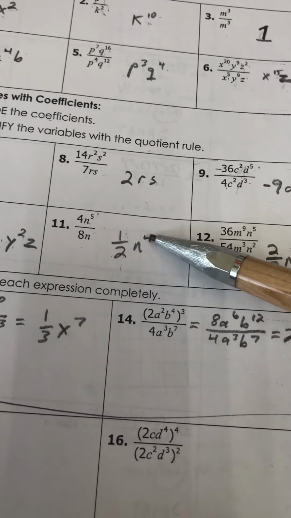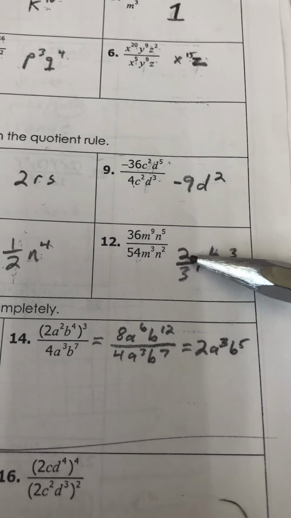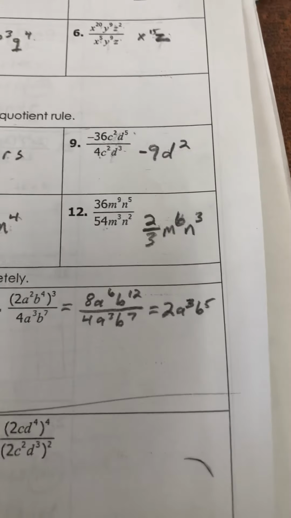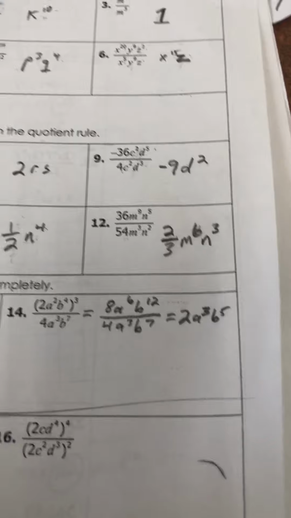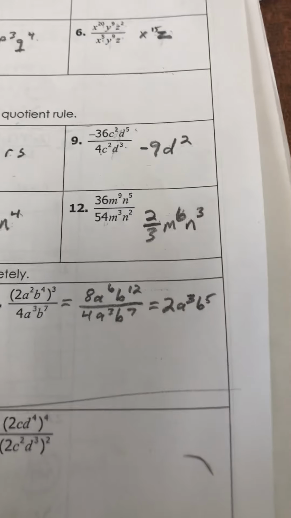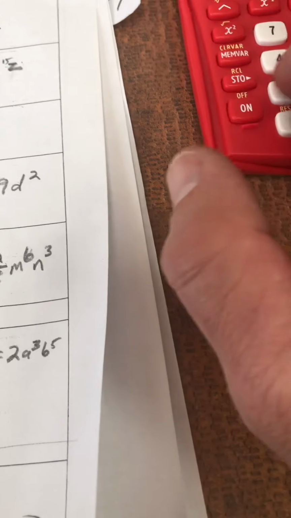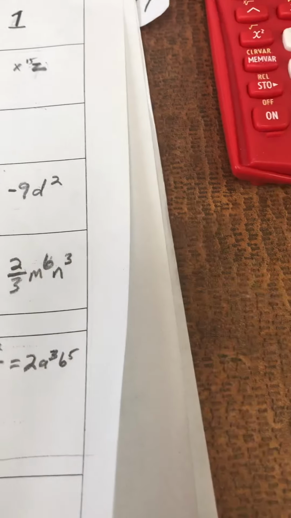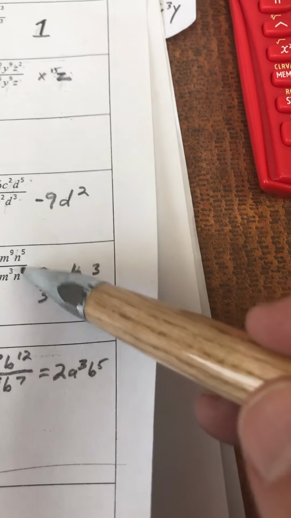And then I have 5 minus 1 is 4, so I have one half and 4. 36 divided by 54, if I divide both the top and the bottom, let me see, by 16... No, that wouldn't be 16. 36, sorry about that. 18, I'm sorry, divided by 18, the top and the bottom, you get 2/3. 9 minus 3 is 6, and 5 minus 2 is 3.